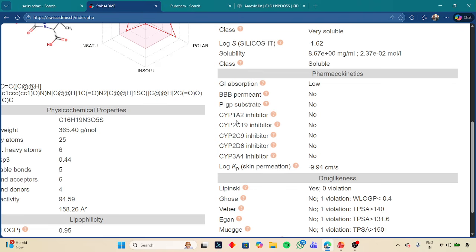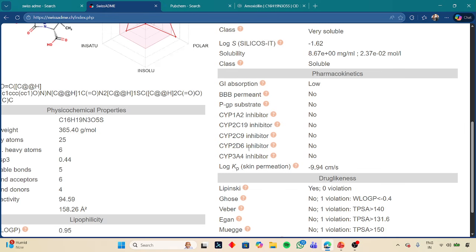The main cytochrome P enzymes, the CYP here, stands for cytochrome P. The cytochrome P enzymes have a very important role in our body in metabolizing the active drug into the inactive form so that it can be excreted from inside the body. It does not inhibit any sort of metabolism enzymes. It does not inhibit cytochrome P2C19 and 3A4.